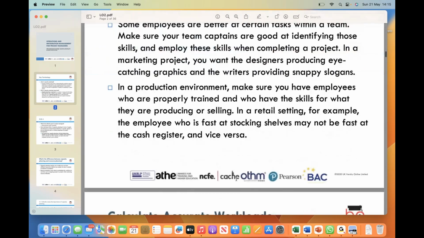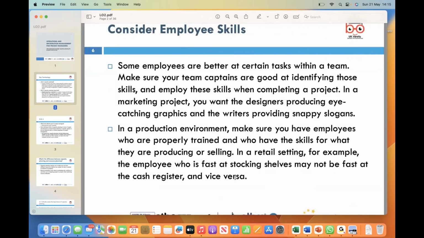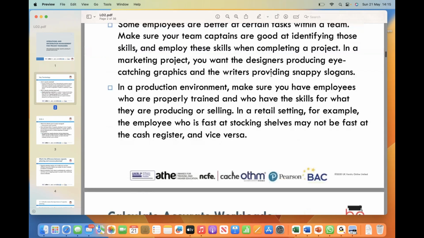By recognizing these distinctions, team leaders can optimize efficiency by assigning tasks to the most suitable employees. So this not only enhances productivity but also ensures a positive customer experience.